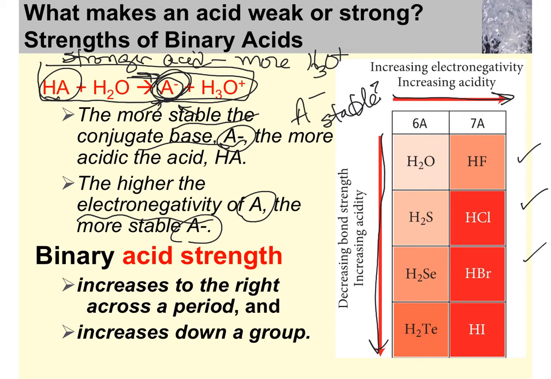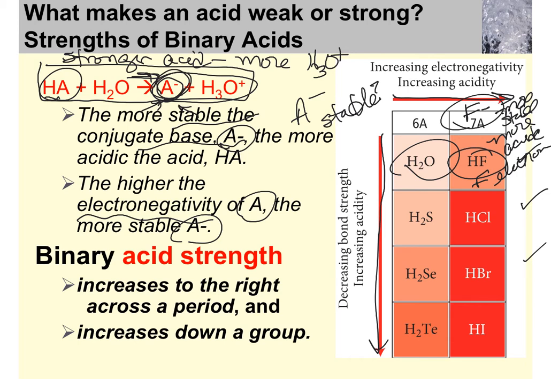So we're just going to talk about going left to right, and you'll understand that in a couple of slides. So HF is more acidic. Hydrofluoric acid is more acidic than water, because fluorine is more electronegative, and therefore F minus is more stable.